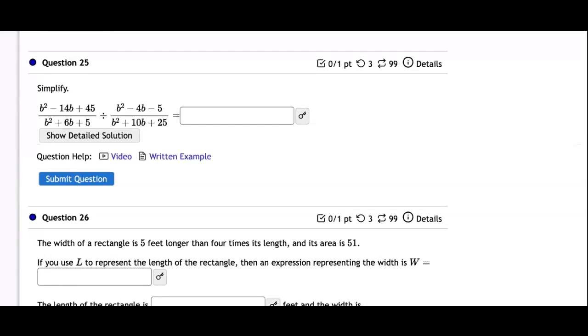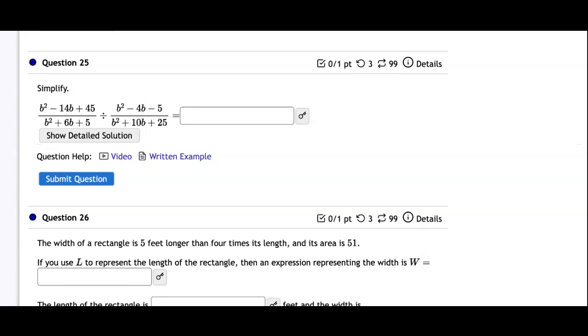So the numerator, we have b minus 9, b minus 5, then b plus 5 squared. Right, so now this is in the numerator. In the denominator, we have b plus 1, b minus 5, and b plus 1 again. Right? So now let's check.